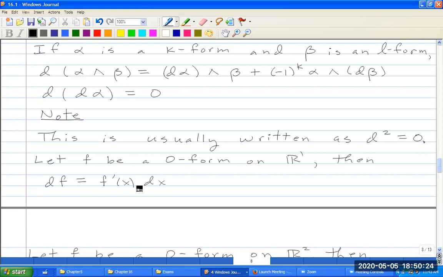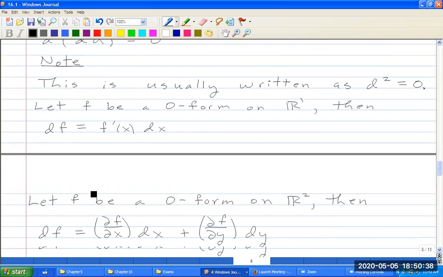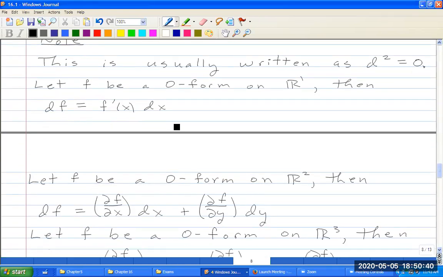You'll see that this looks very familiar. It looks like something we've seen before: dy equals y prime dx. It's the differential that we're familiar with from Calculus 1.